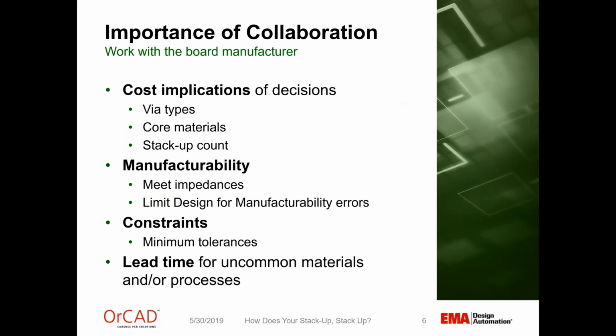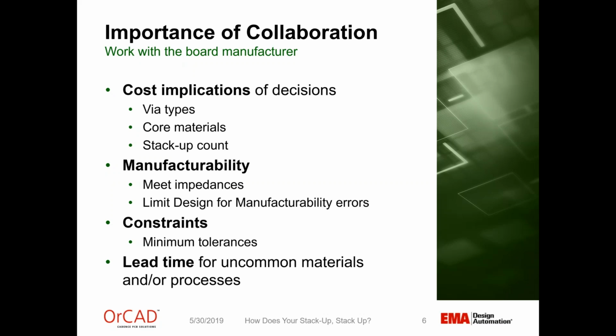This is really going to be a key theme for the webinar today, so I wanted to mention it first right off the top, and that's the importance of collaboration. And this is working with your board manufacturer. So once you've picked someone who you would like to have make your board for you, you need to be in close communication with them for all types of decisions that you are going to need to make about your board.